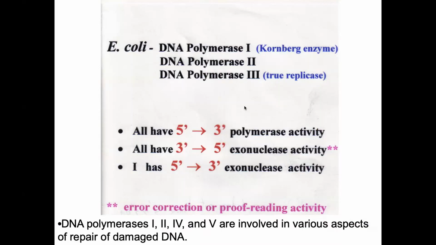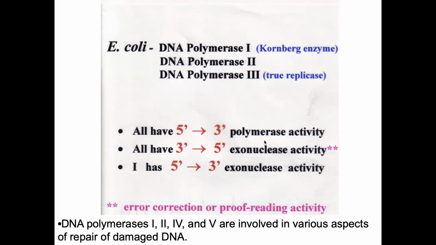So again, by definition, all 3 of these enzymes are DNA polymerases. So what does that mean? That means they all have the same enzymatic activity, and that activity is 5' to 3' polymerase activity. They can add nucleotides to a new growing strand of DNA by catalyzing a 3' to 5' phosphodiester linkage.